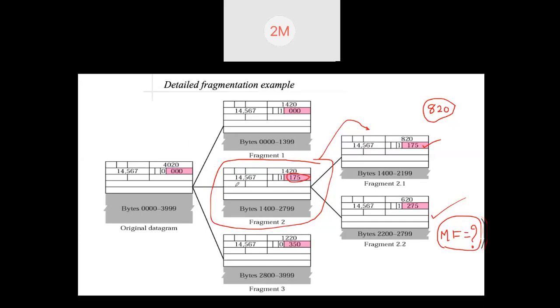How come it is 1? It is not the last packet. That's why. But how will the router come to know that this is the last fragment? Because it has received a datagram and it is further fragmented into 2.